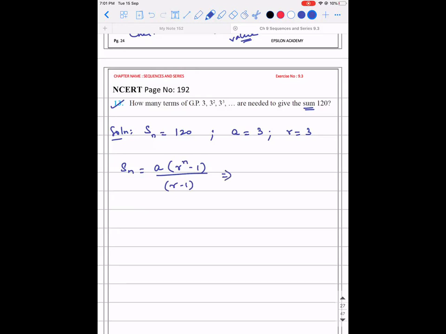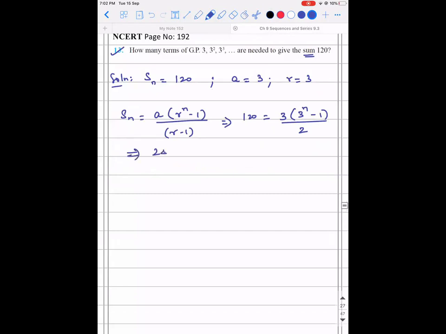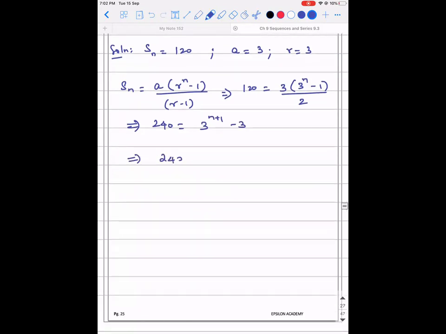What is the value of Sn? 120. A is 3. Tell me the values. 3 power n minus 1 divided by 2, equals 40. So 3 raised to the power what is 243? 3 raised to the power 5, I think, sir.